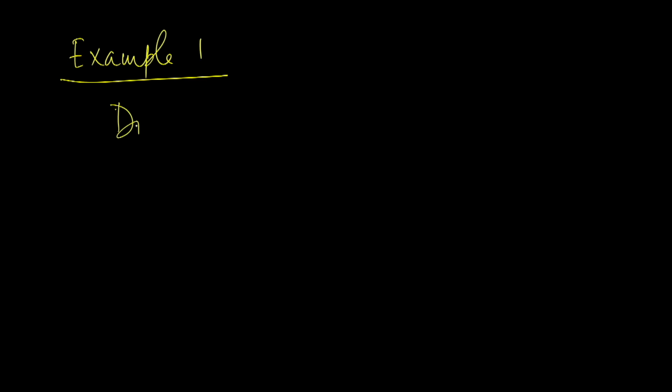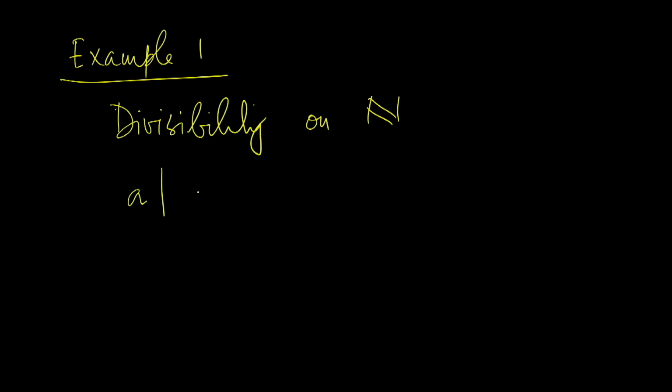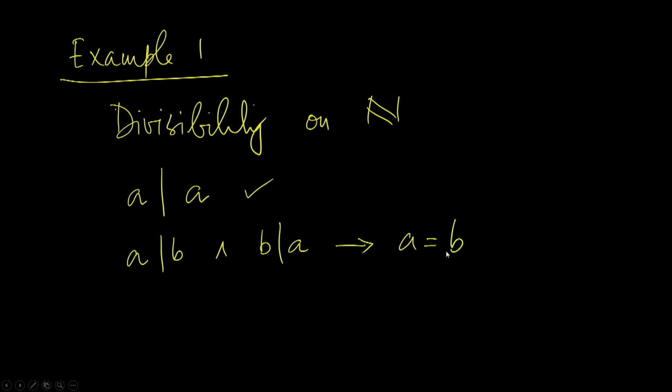Let us consider the divisibility relation on natural numbers. For any natural number a, we know that a divides a. Therefore, the divisibility relation is reflexive. If a divides b and b divides a, then a is equal to b. If a is a multiple of b and b is a multiple of a, then a is equal to b.